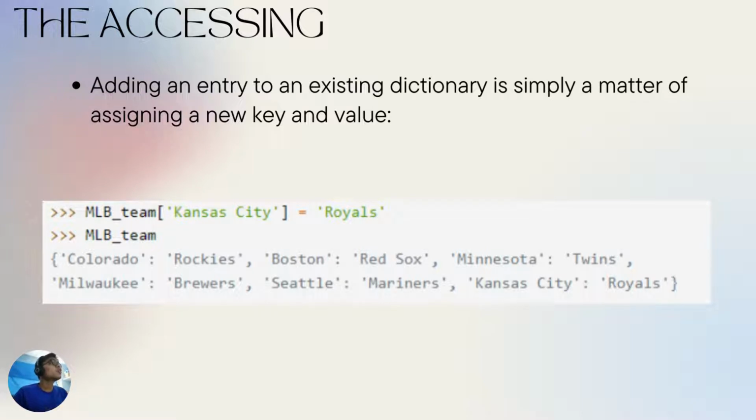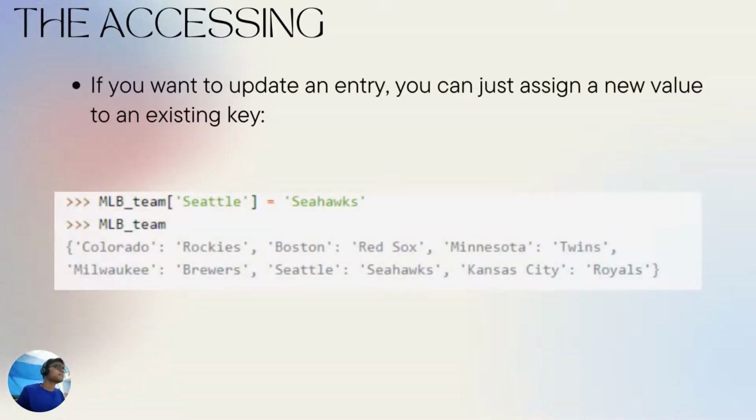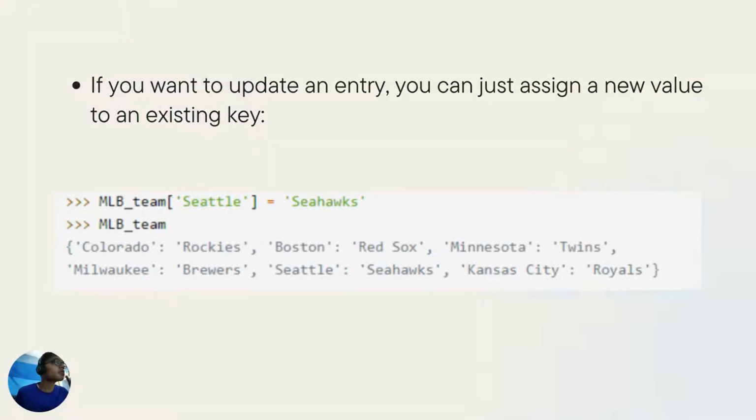So, if you want to change the existing data, what we need to do is just say MLB of Kansas City will become Royals. Before it was something else, but now whenever I ask for Kansas City, it returns me Royals now. Good thing. If you want to update an entry, you can just assign a new value to an existing key. So here it is.